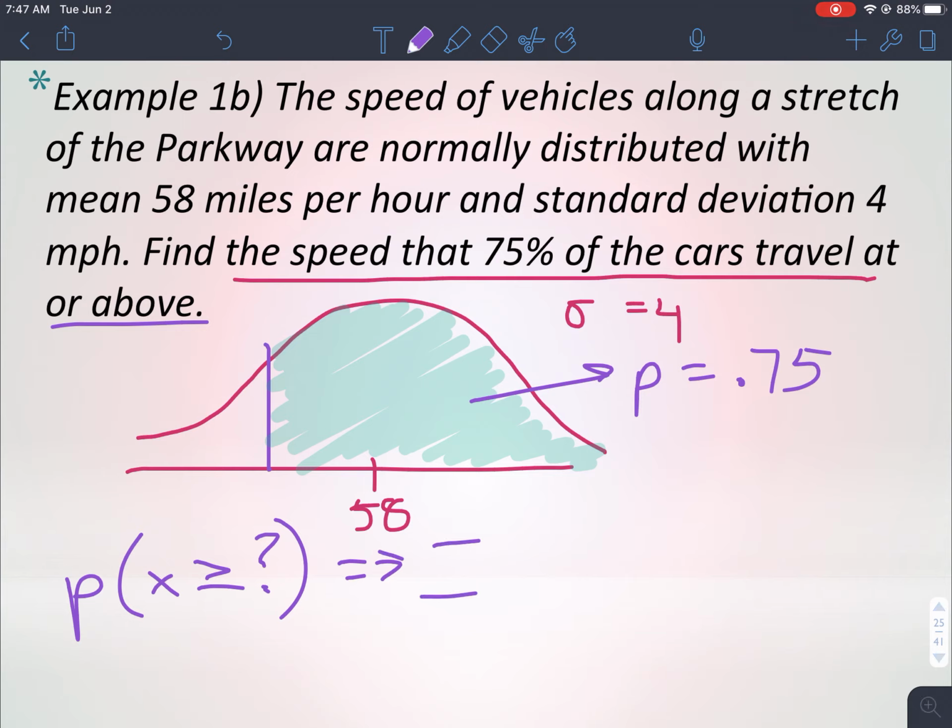Let's go to inverse norm of 0.75, comma 58, comma 4.